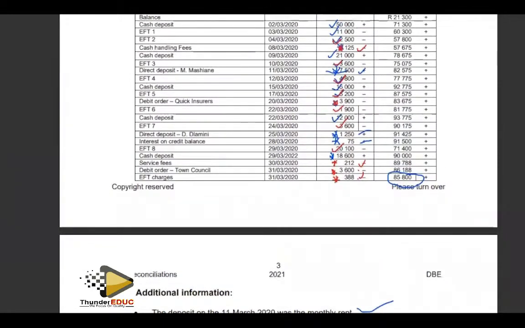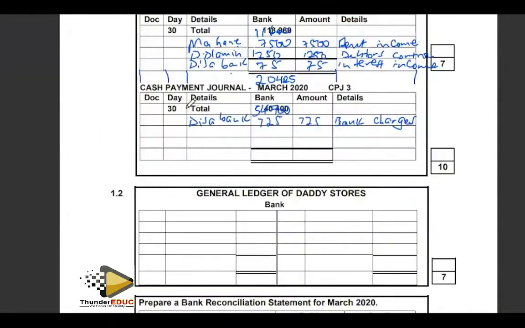Remember debit order, this is where the 3,900, this one, okay? So a debit order is where you order the bank to be deducting your money in advance, okay? So every month on the 20th, they deduct from this business's account 3,900, and it's paid to Quick Insurers, okay? So we are going to go and record this because we never recorded it in our books. So we're going to come here and we say Quick Insurance.